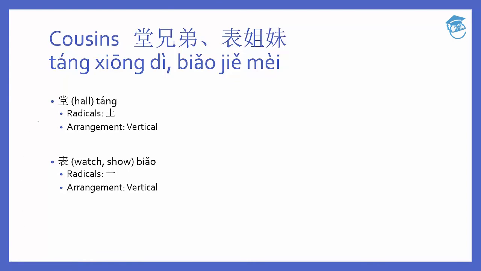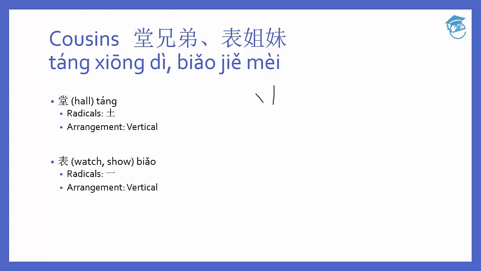So 堂, other than to indicate that these cousins share the same family name as I do, it also has the meaning of hall. Okay, this is the pinyin 堂, and the radical is what's at the bottom there, so the arrangement is vertical. Let's look at how to write 堂.